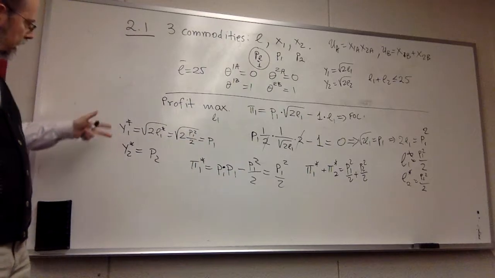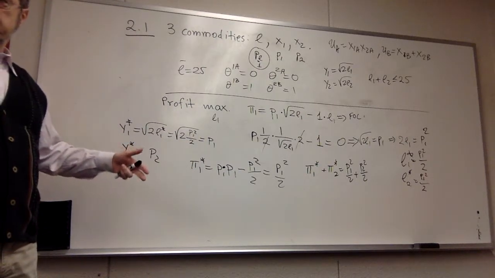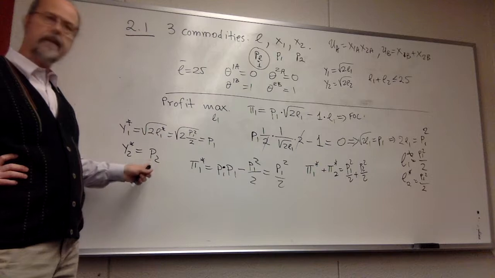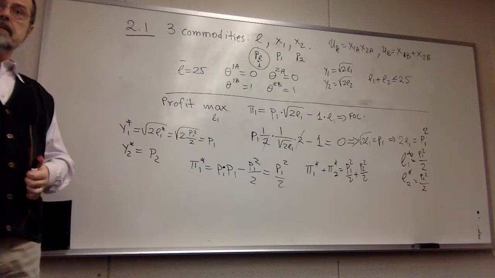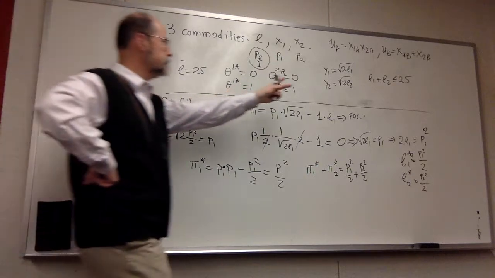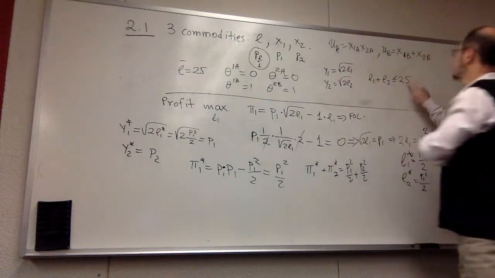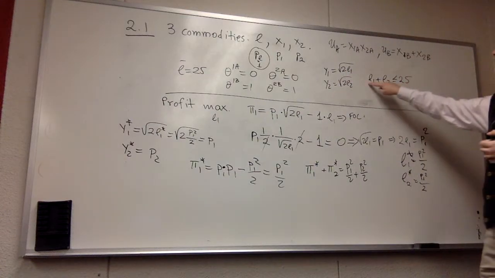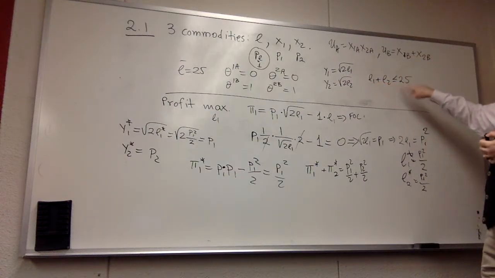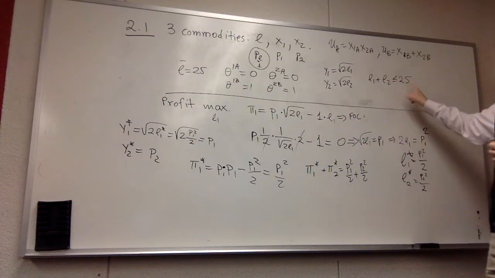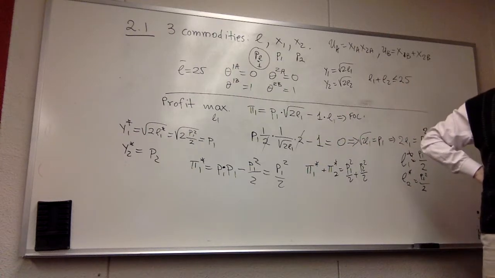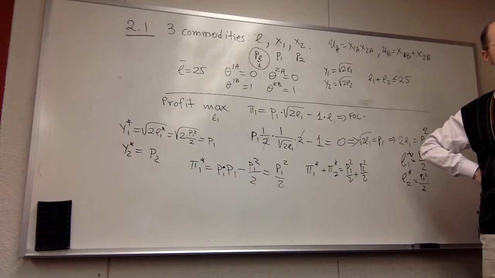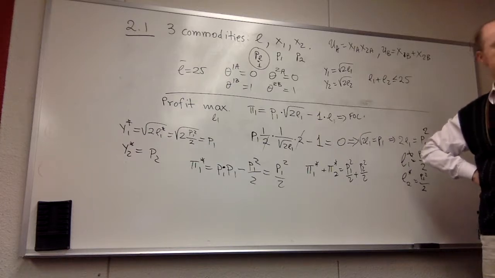For the other good, add the demands for person A and B and subtract the supply. And there's one more: L1 plus L2 minus 25 is the excess demand for the input. All of these three have to be met with equality.